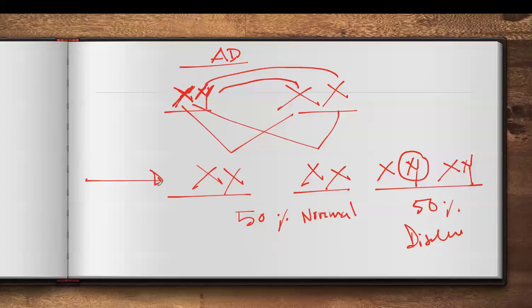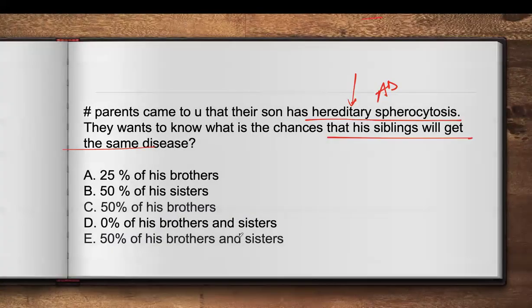In every pregnancy, these parents will have a possible genetic mutation of these four. So their children can be normal, their children can have the disease. So it is always going to be 50% that his brother and sister will have the chance to get the disease. Does it make sense?